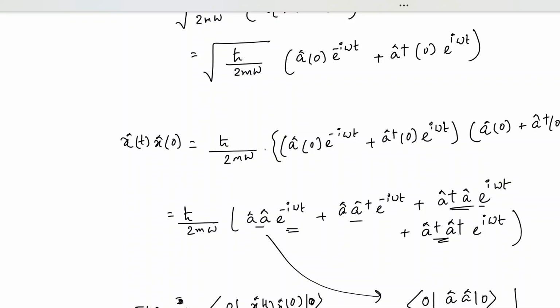Now the second term, 0 a cap dagger 0. Here a cap dagger is a creation operator.